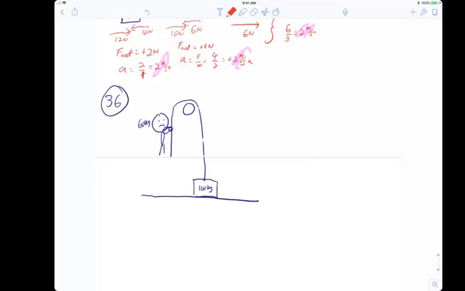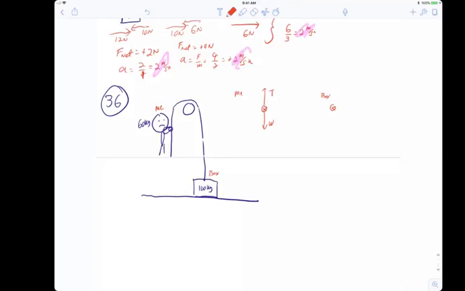So in both of these objects, me and the box, how many forces are acting on me? There's weight, and then there's tension pulling up. How many forces are acting on the box?